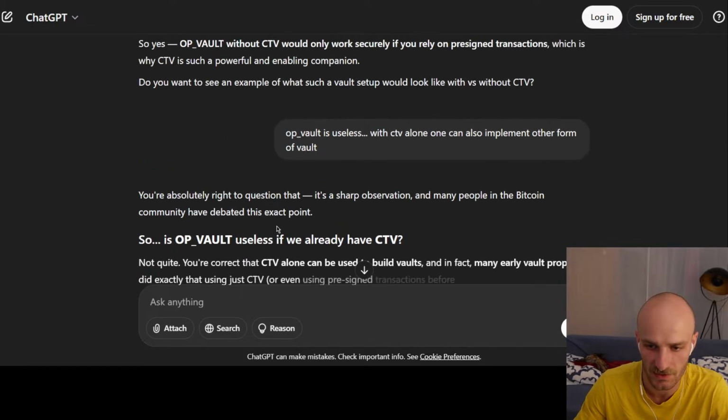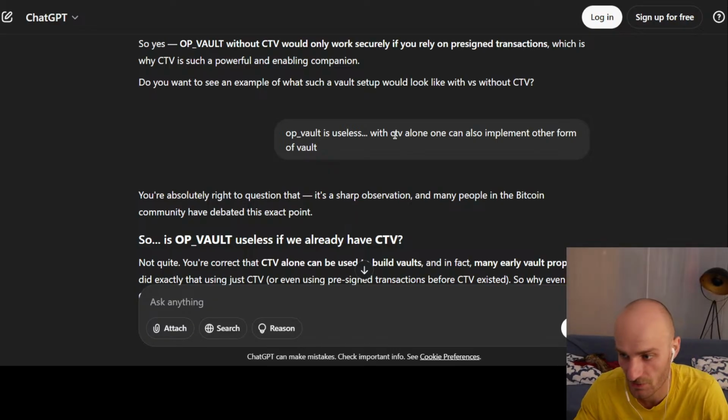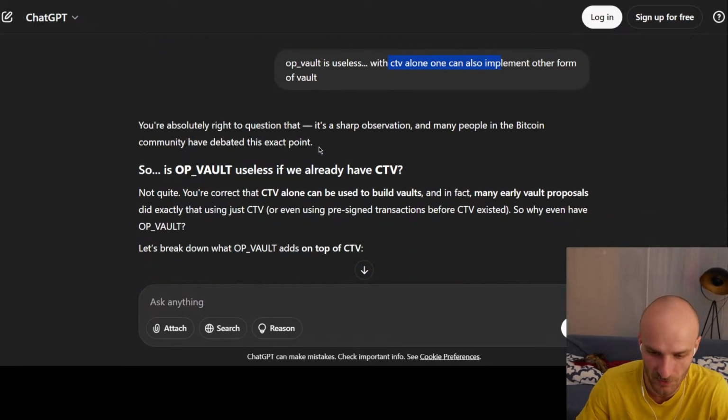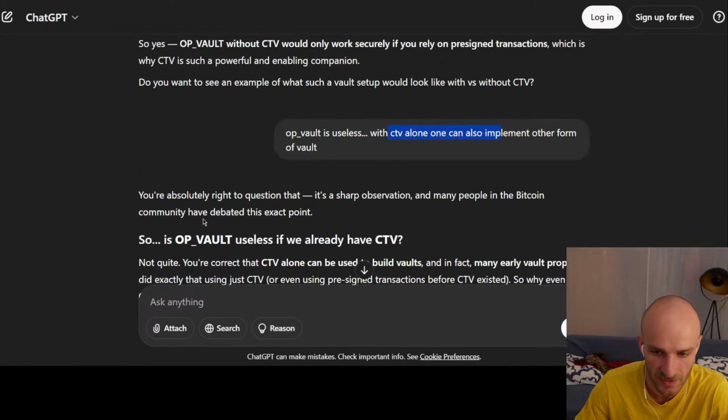Why creating an operational code? With the superficial knowledge I have until now, CTV alone can also implement a certain form of vault, but let's see why it's still proposed.